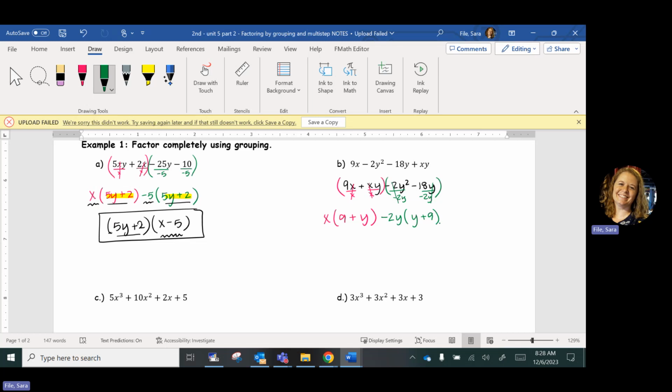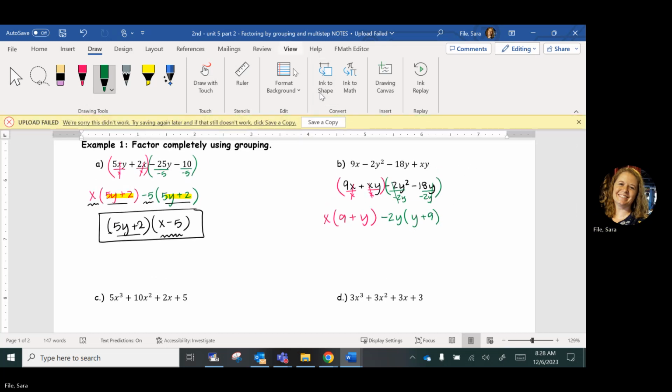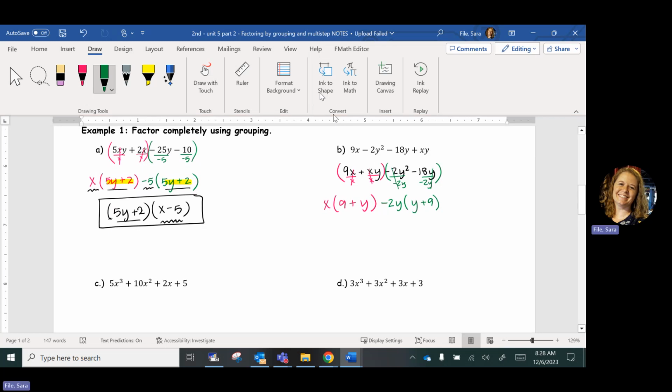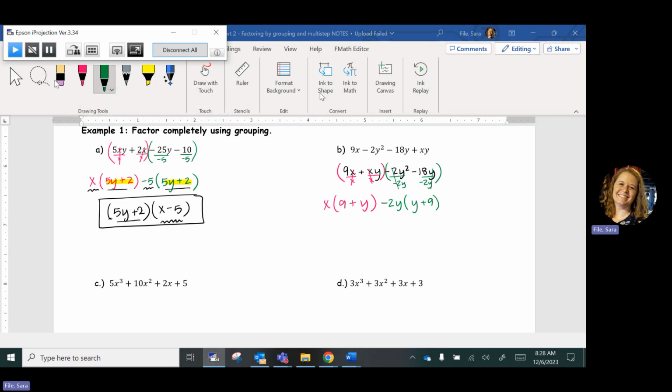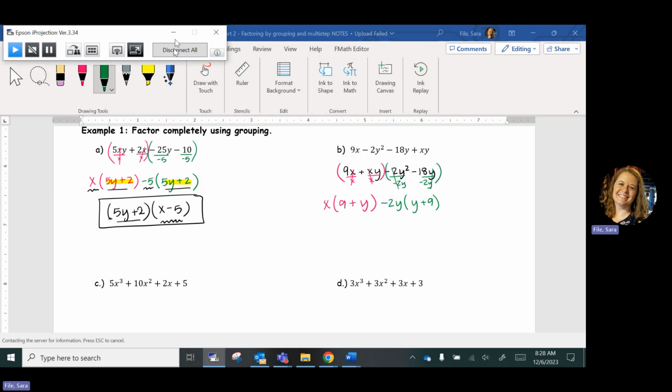Oh, it's not showing up on the screen what I'm doing. It's fantastic. Of course, all of this is going to happen when I'm trying to record. Let me try disconnecting and reconnecting to that projector for y'all.